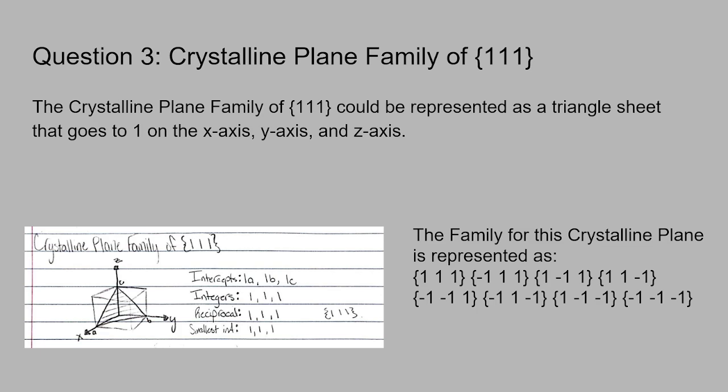You take the reciprocal of those, and it's still 1, 1, 1, and they're already at the smallest integer. So that is how you would get 1, 1, 1 for the crystalline plane family. The family for this plane is represented as 1, 1, 1, -1, 1, 1, 1, -1, 1, 1, 1, -1, -1, -1, 1, -1, 1, -1, 1, -1, -1, and -1, -1, -1.